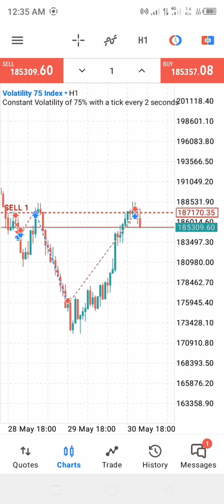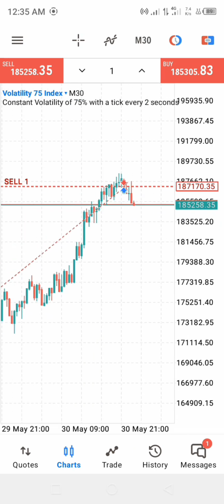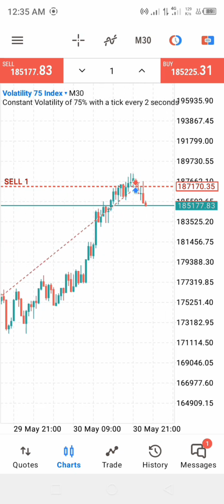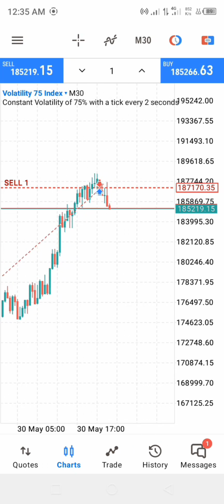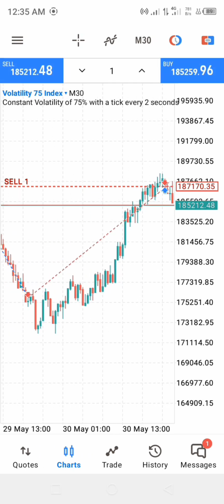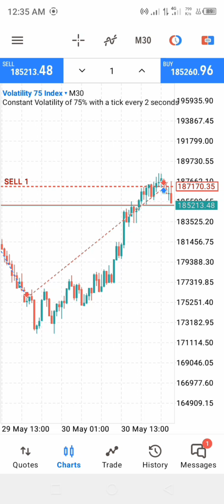So this is actually a perfect trade that anybody can enter. I will tell you how to make a massive profit and how to reduce your fast loss, or should I say your risk of losing in this particular market.